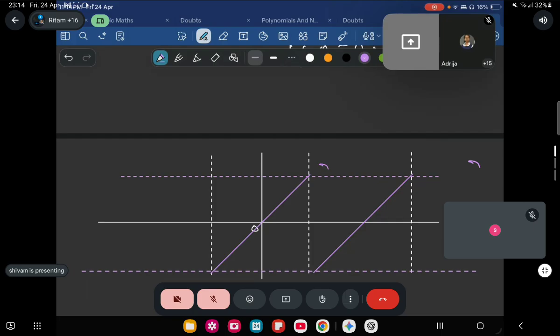Are you people able to understand how I'm drawing the graph? I know that the function is repetitive. I just find out after how much time it repeats itself.